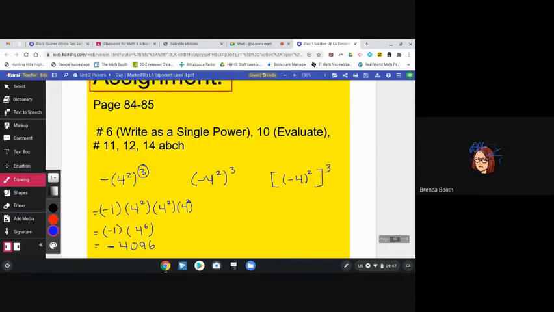This one right here, everything in the brackets is the base. So here we'd be looking at -4 squared times -4 squared times -4 squared.